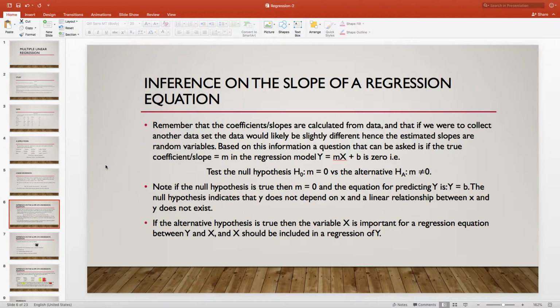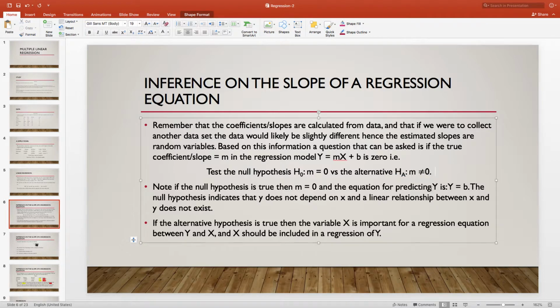Now, sometimes if you recalculate the slope m, you'll get a different value. And so you can ask the question, is it possible that the slope is 0? That is, you can test the hypothesis that the slope is 0 versus the alternative that the slope is not 0.